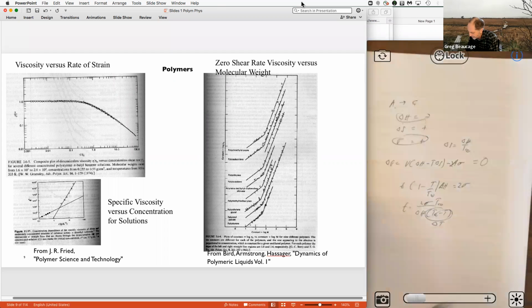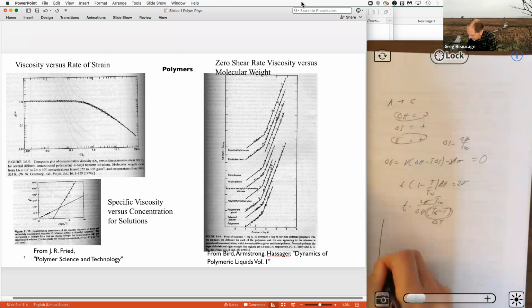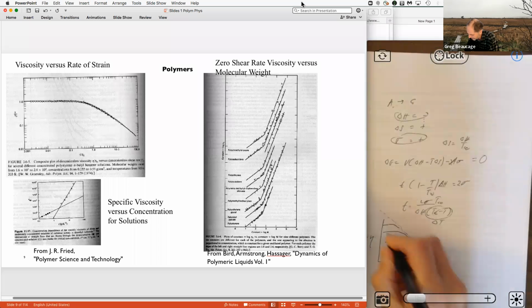So if you plot log viscosity versus log shear rate, you'll find that as you change the molecular weight, there's this kind of power law that you could extend back, and then these will join in like that. So this is higher molecular weight.